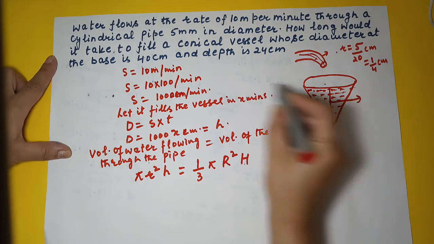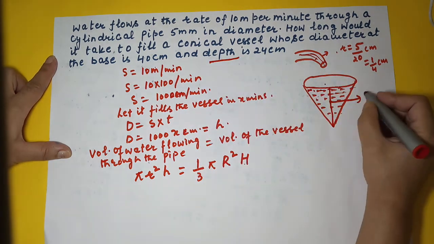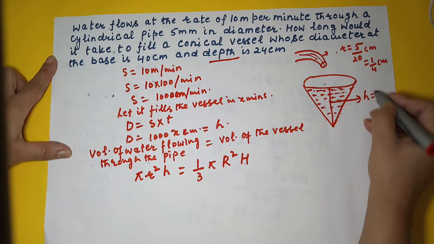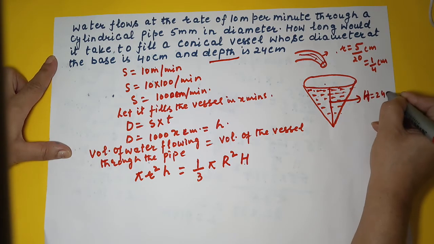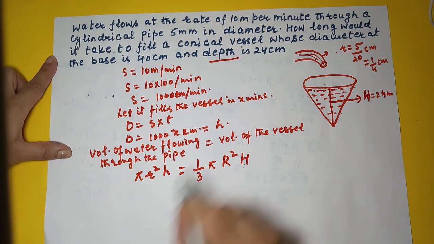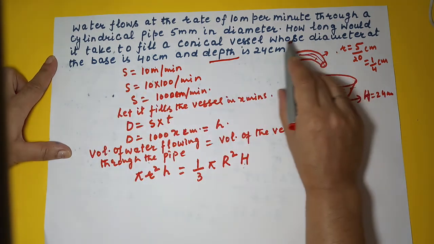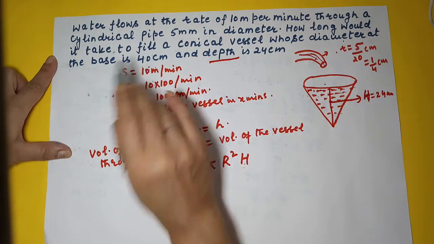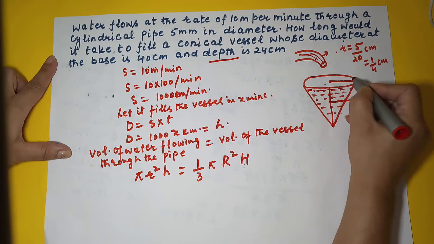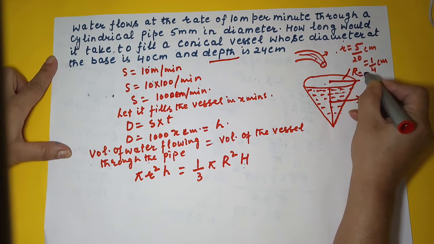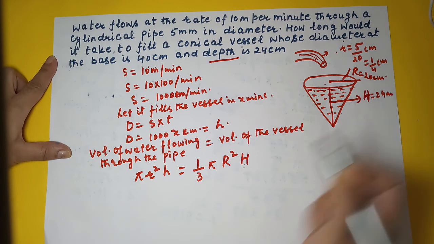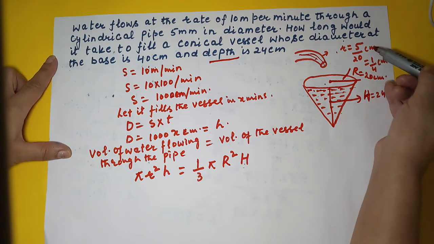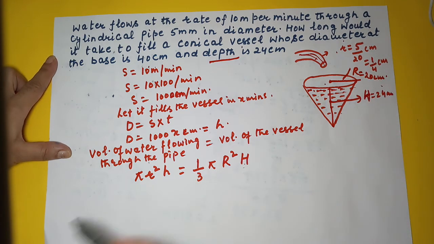He's saying that the depth is 24. That means its height is 24. This capital H is 24 centimeters. And whose base diameter is 40 centimeters. So what will be the capital R here? 20 centimeters. One thing you have to note here that we have converted everything into centimeters. Units should be same, then only you can compute, right?